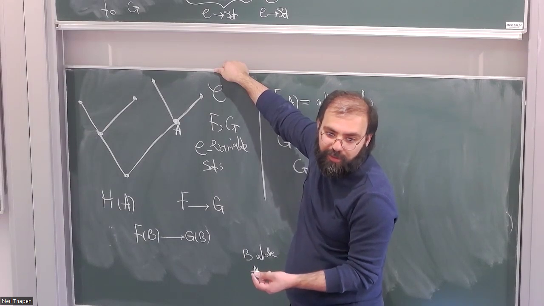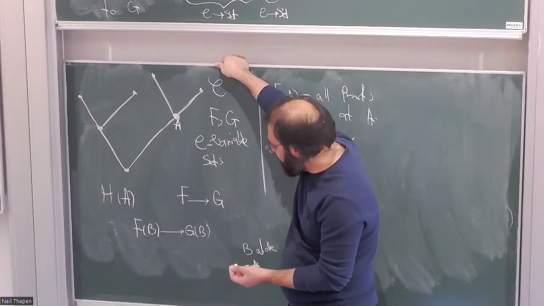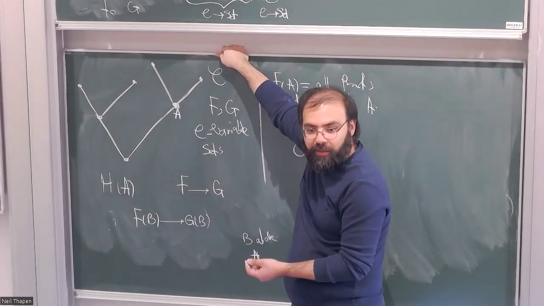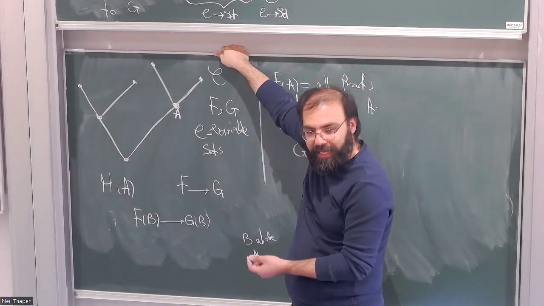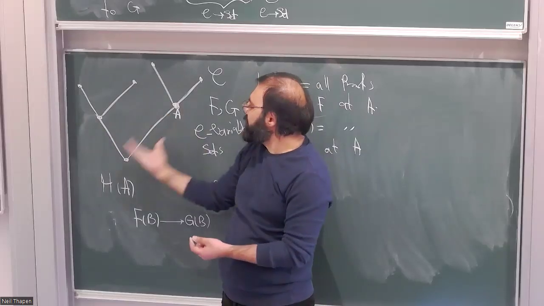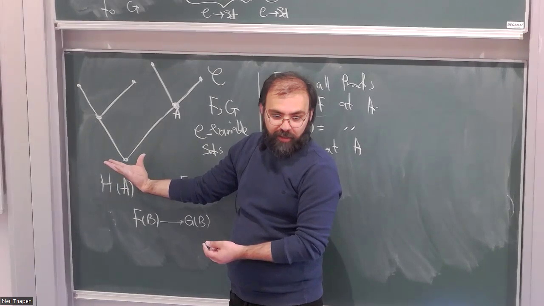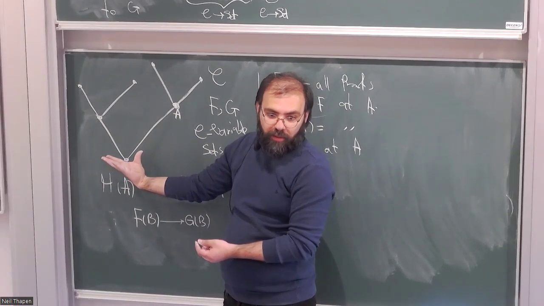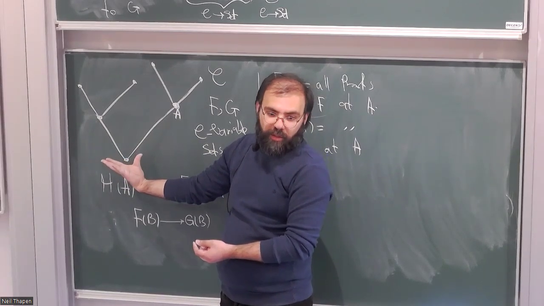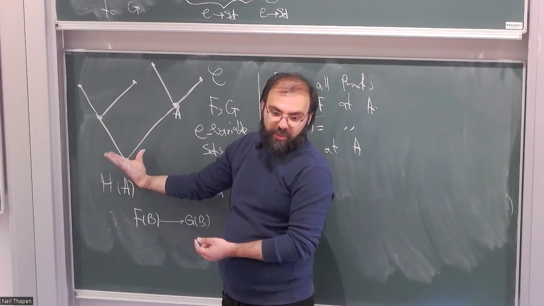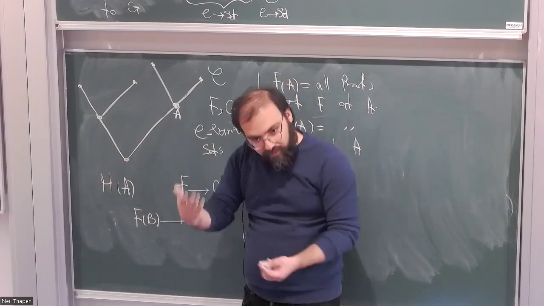Can you say your example again? So you've got this category. Let's say that it is this poset. But we shouldn't think of it as actually parameterized. Just think intuitively, right?